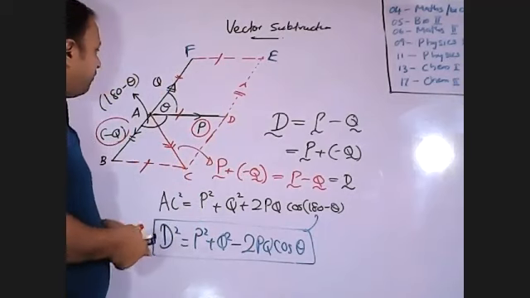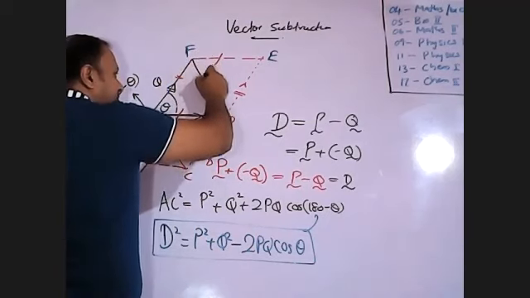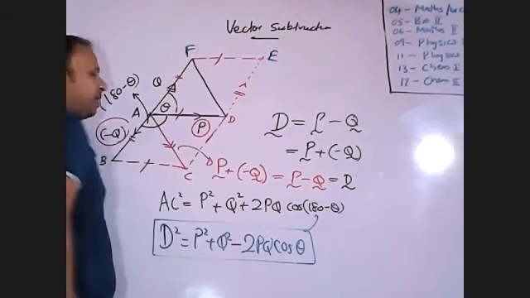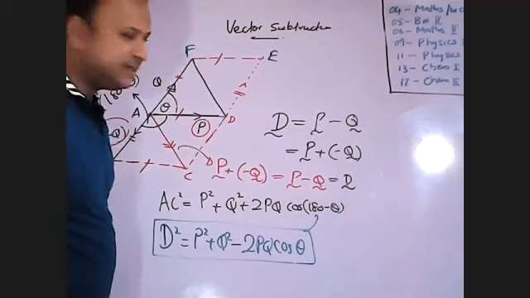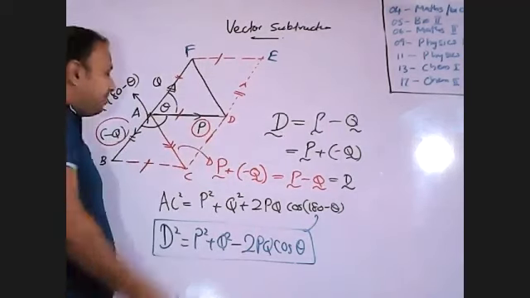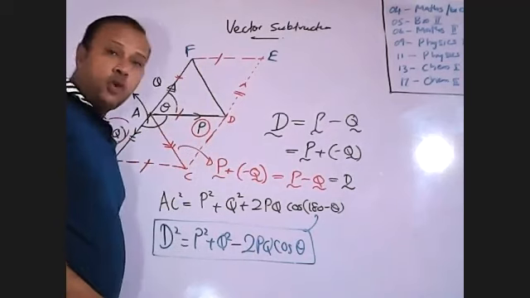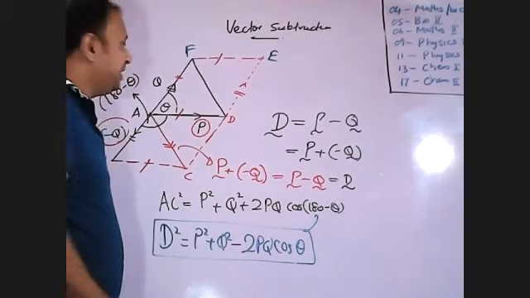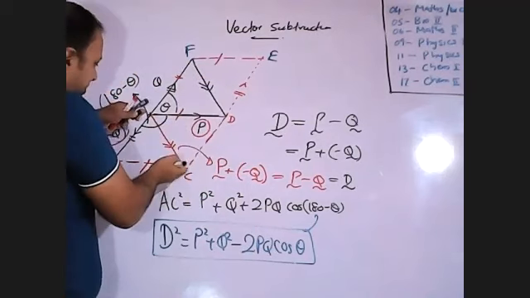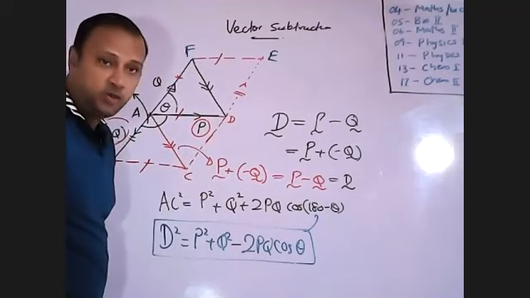So, if I draw this diagonal, the FD diagonal, you can clearly see AC and FD are equal and parallel to each other. Therefore, this diagonal and this diagonal are equal in size and parallel to each other.